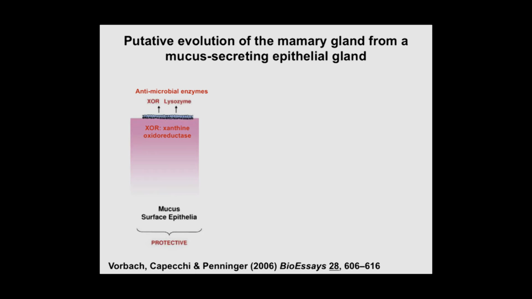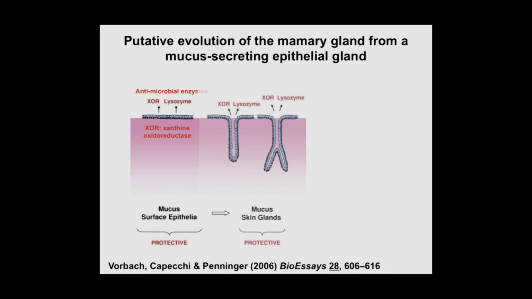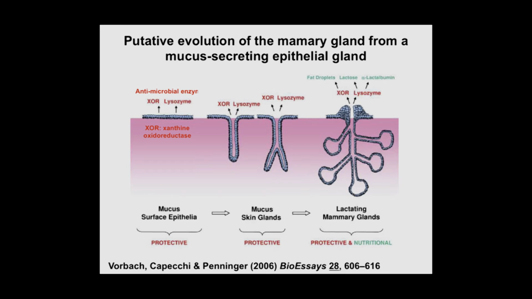So it was thought that the mucus-secreting surface epithelia make antimicrobial enzymes as an important function of these epithelia, and these include xanthine oxidoreductase and lysozyme. And as glands developed in order to more effectively secrete these antimicrobials, and eventually forming mammary glands, at the same time as this development or evolution occurred, the gene encoding lysozyme actually became duplicated.